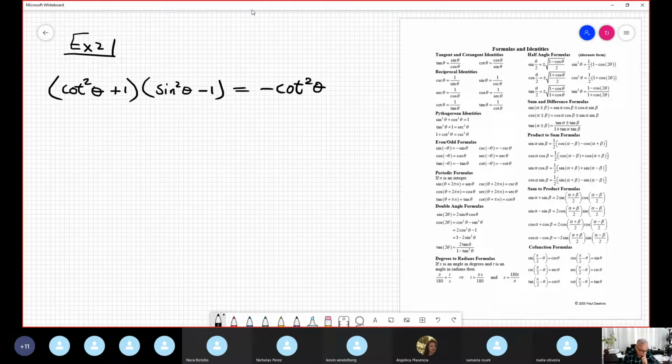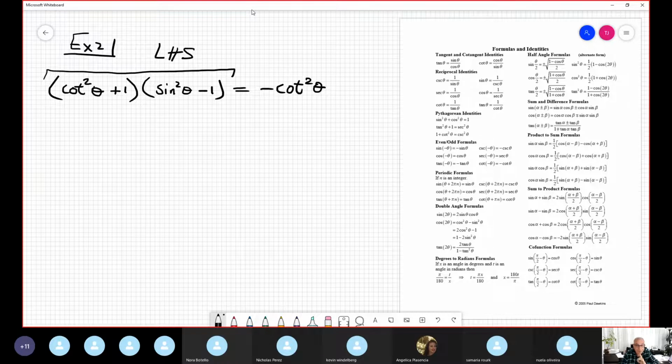Prove that. Well, I suppose in this example we have to manipulate the left-hand side because we have more degrees of freedom. I want to manipulate this little by little to put it equal to this, and that's it. I prove the identity.